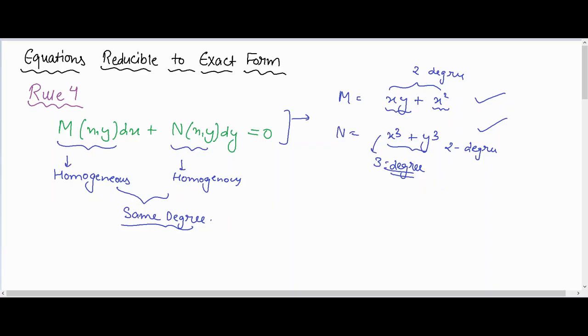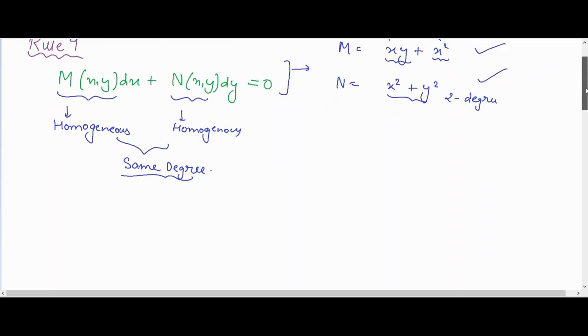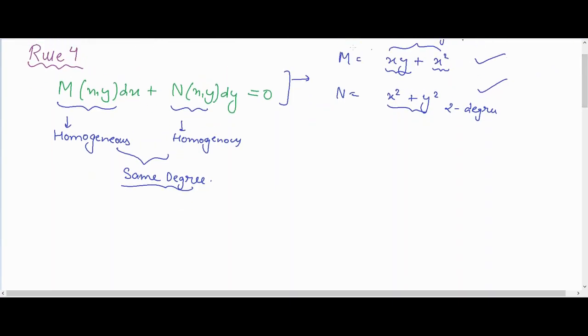But to apply rule number 4, the degrees should match, and only then can we apply this rule. And now once we have recognized that both M and N are homogeneous, then straight up we have our integrating factor, which is 1 divided by Mx plus Ny.